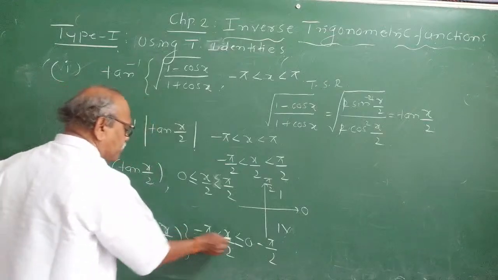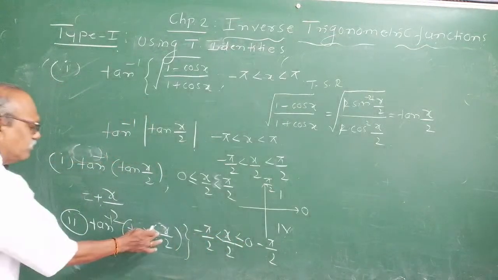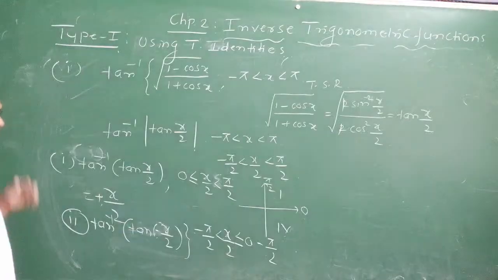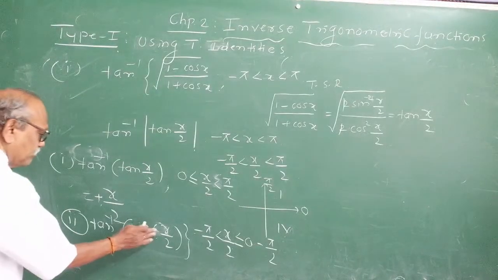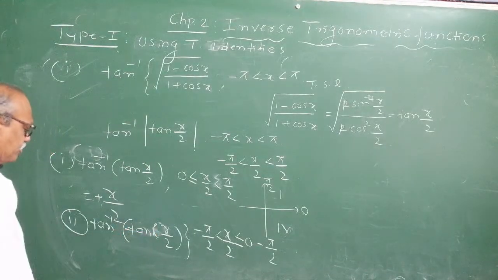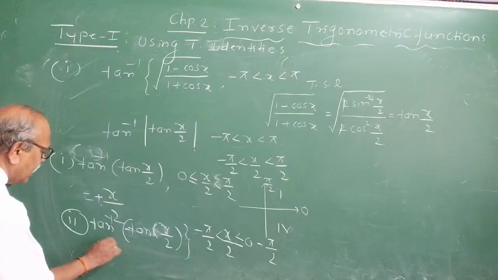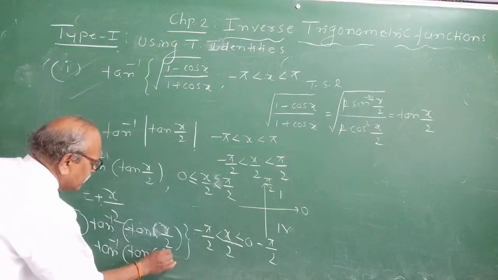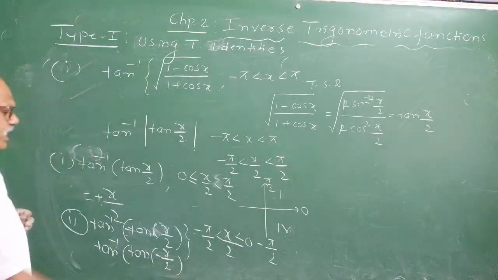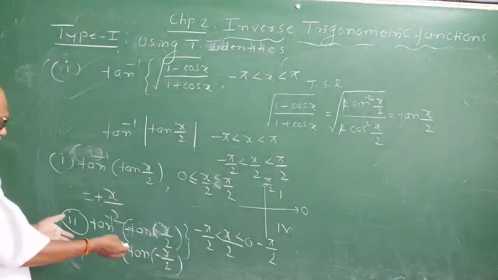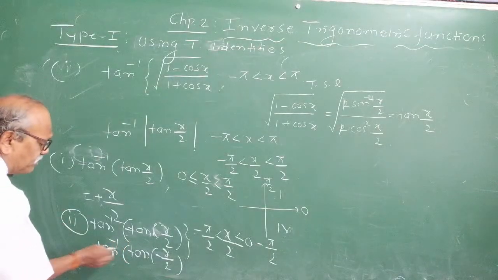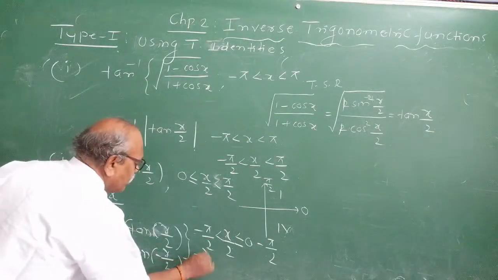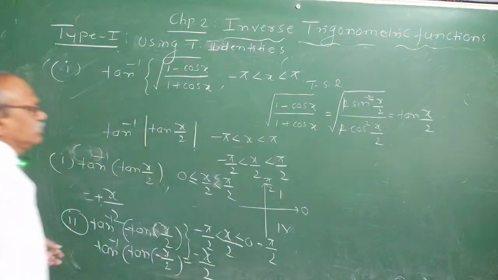When it lies between minus pi by 2 and 0, the tan value will be negative. That is, you get minus tan x by 2. Therefore, tan inverse of minus tan x by 2 can be written as tan inverse of tan of minus x by 2. Minus pi by 2 to 0 comes in the principal value. Therefore, tan inverse of tan x is equal to x. You will get the answer x by 2.